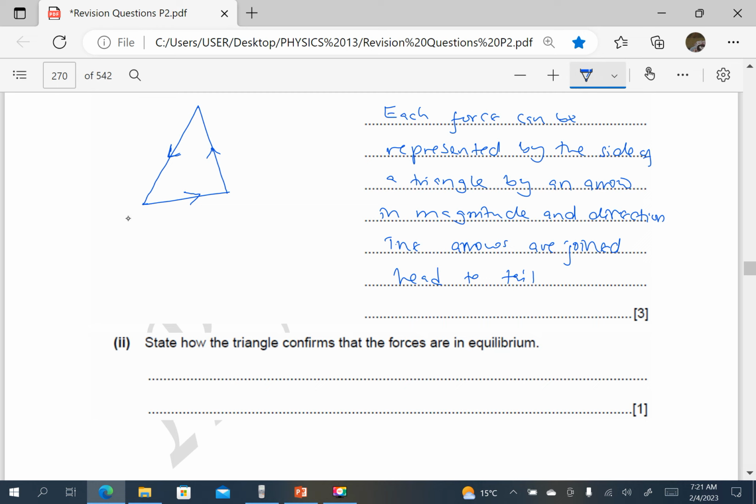If the triangle is closed, like the one which we have drawn, then the forces are in equilibrium.